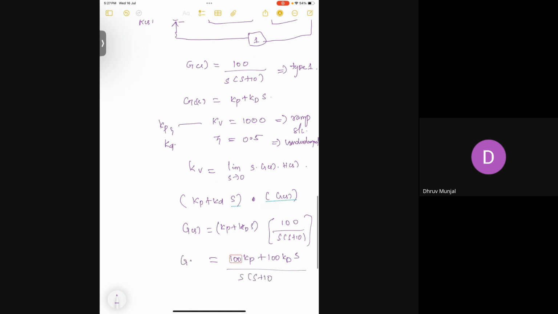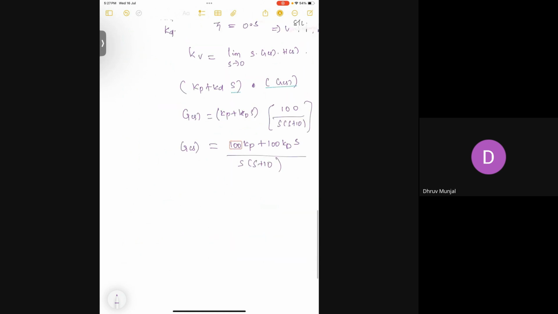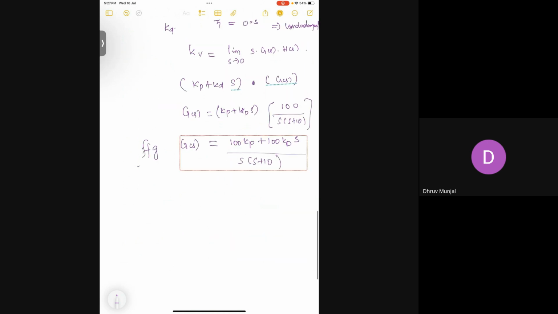So this is your new open loop transfer function with the feed forward gain all together in the forward path, right? Now we are going to use this G of s in this formula for Kv.